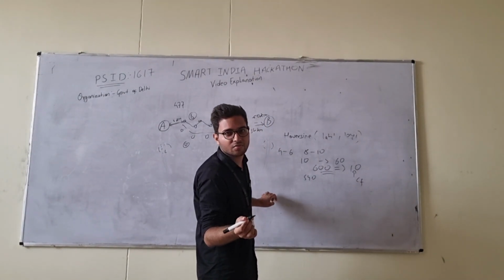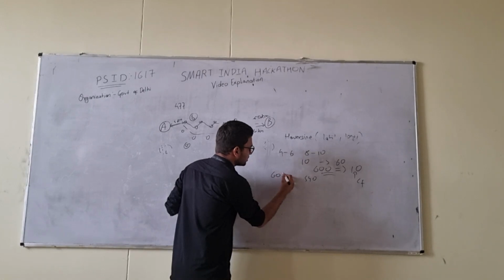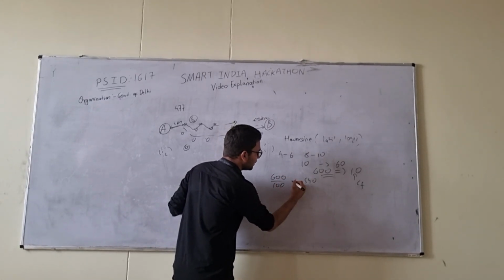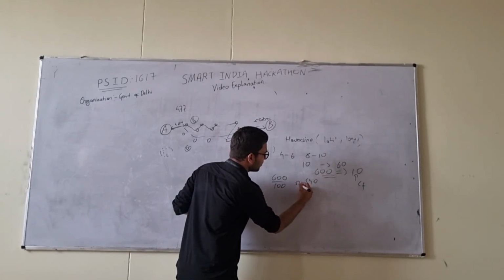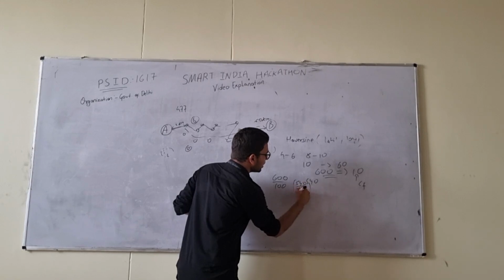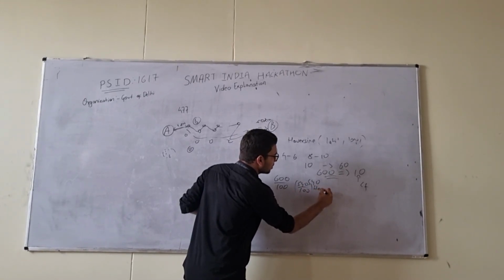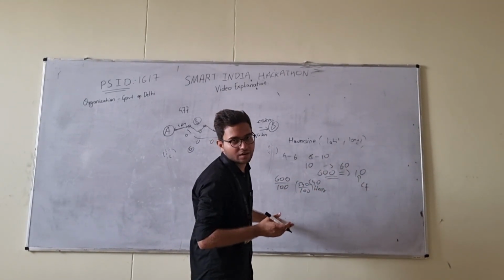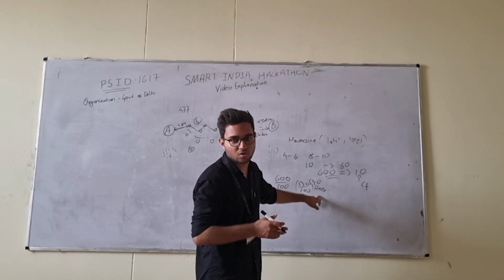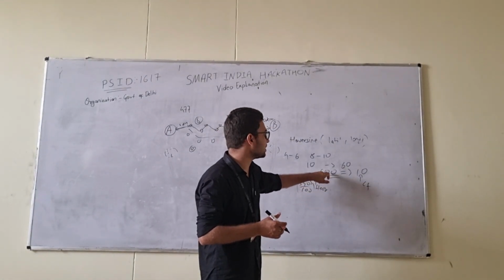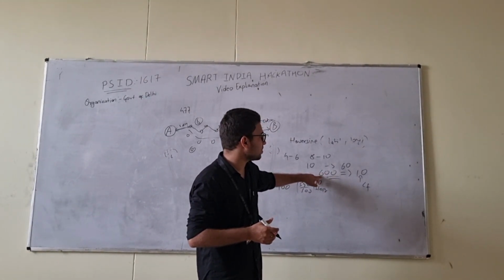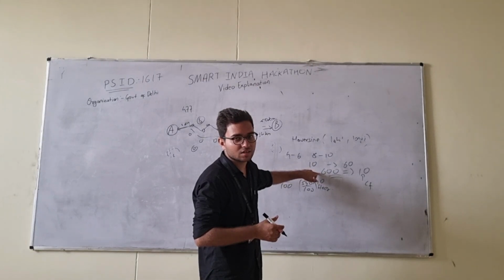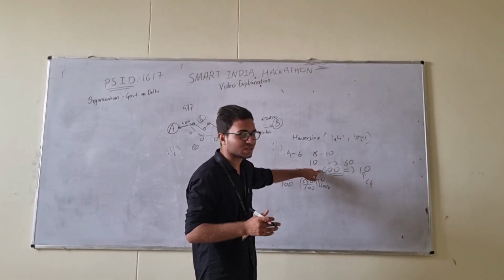So how am I doing that? We have simply derived a formula for this: 600 by 100 and then 540 by 100, and we are taking the floor of it. How I decide whether I take floor or ceiling depends on my baseline density. It is the topmost parameter through which I am comparing.